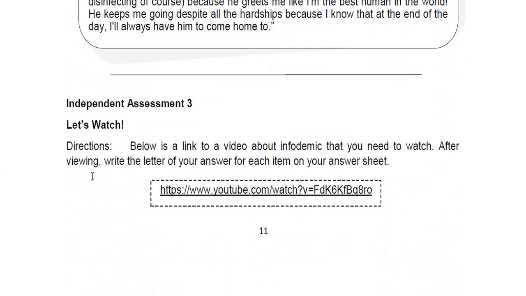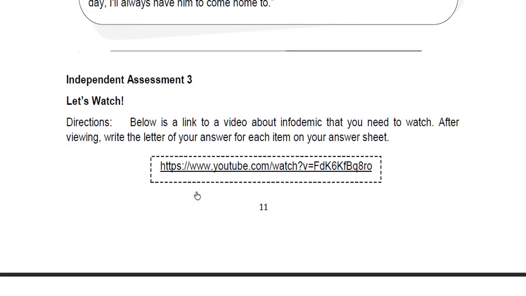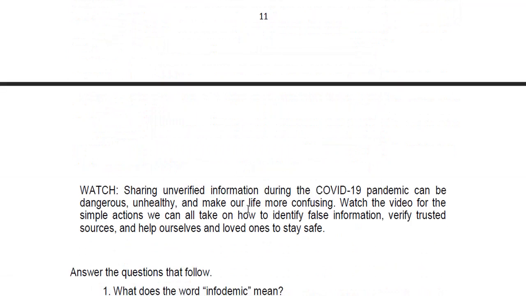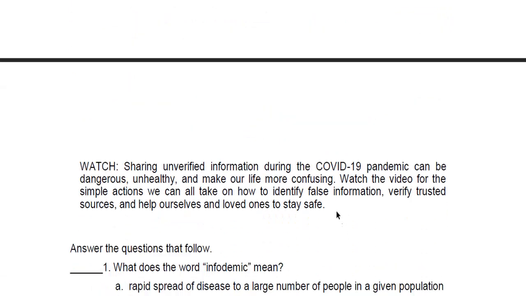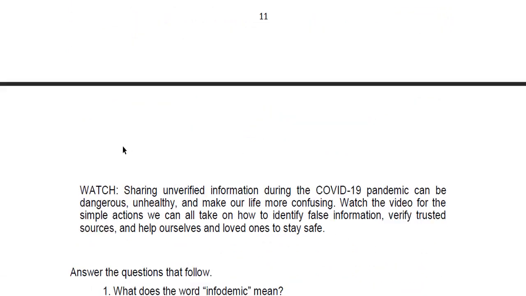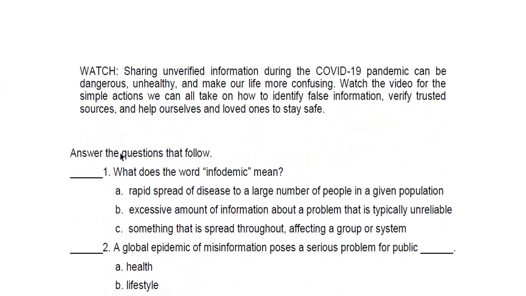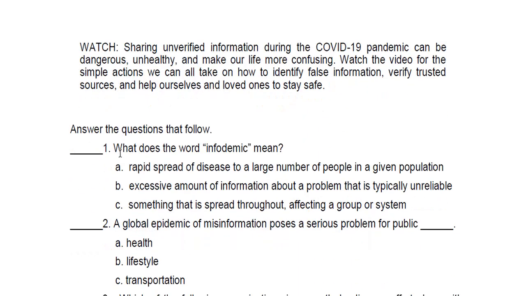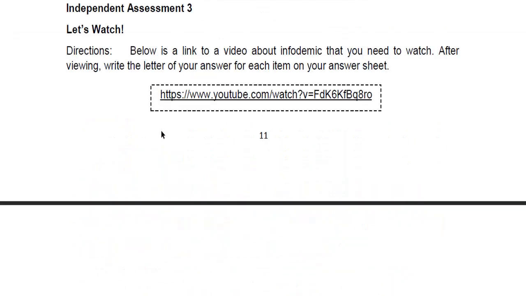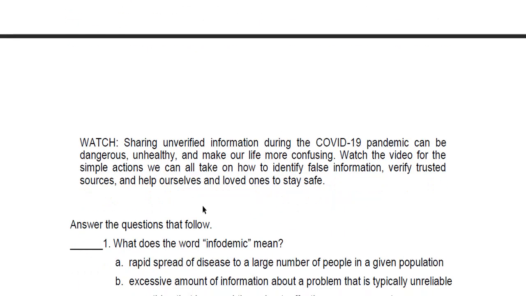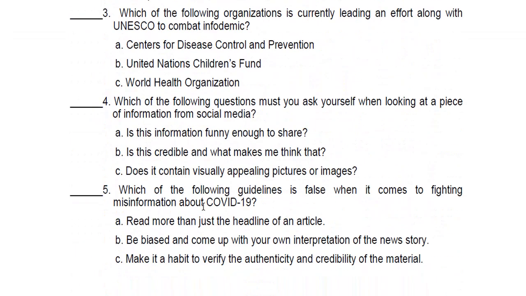And independent assessment number 3, we have here a link, and the link is all about COVID-19, the infodemic. Try to watch the video in this link and then answer the 5 questions that follow.